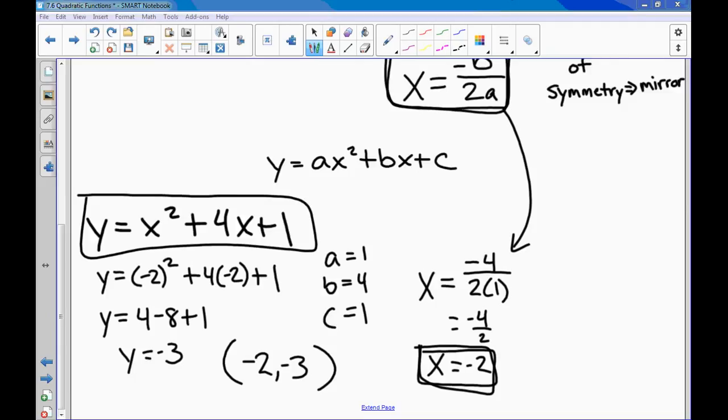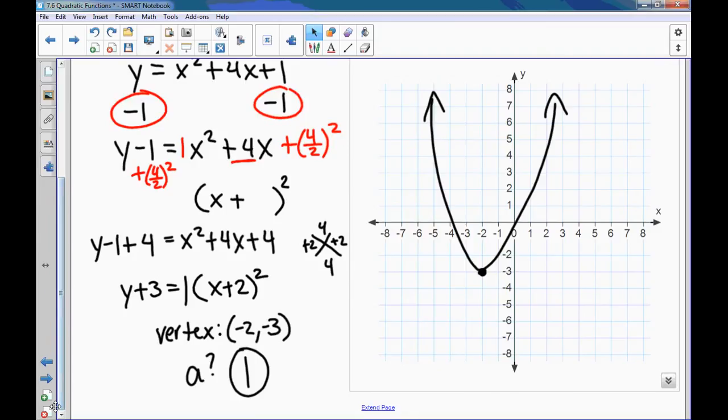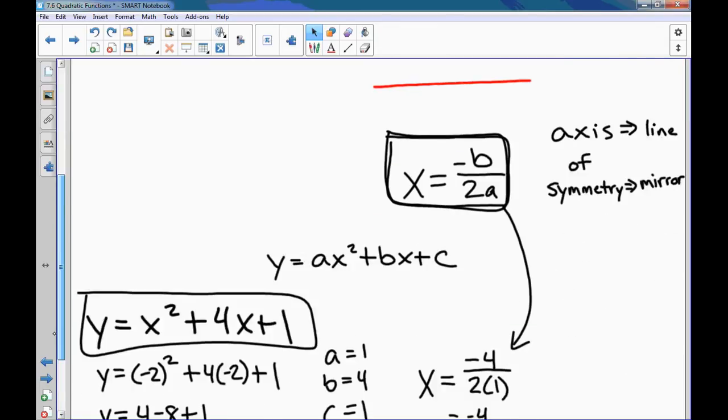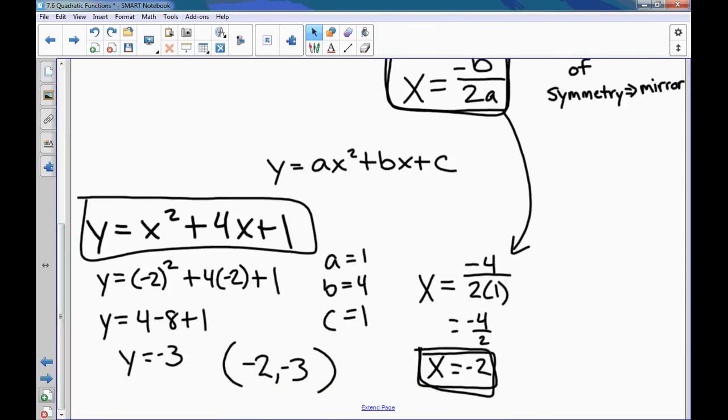Now, what many of you with great memories will realize is that's the same exact vertex that I got on the previous problem. But notice, on this slide, I did not do completing the square. Instead, I went straight to this formula, where x equals the opposite of b over 2a.